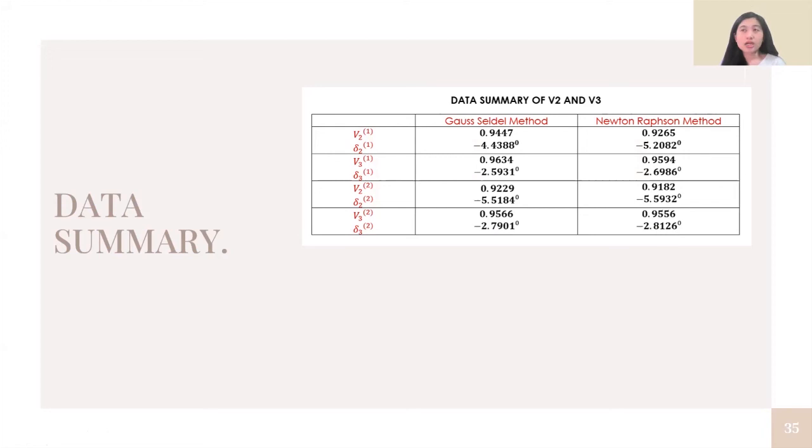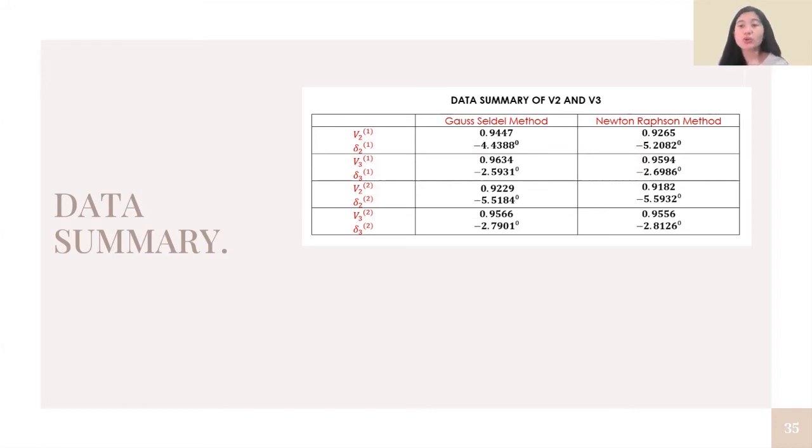Even if we are rounding both to 4 decimal places, we still arrive at different answers, because the process in Gauss-Seidel is more direct, in comparison to Newton-Raphson, which is dissected further. It has a step-by-step process, while Gauss-Seidel is a more general step, something like that.